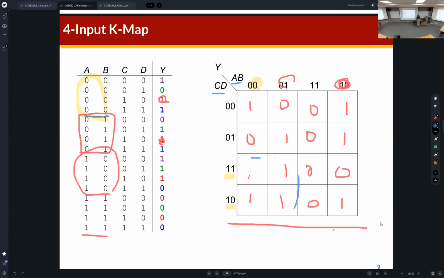Which means the largest circle is here. Sometimes we forget that this edge is connected to this edge, and then this edge is connected to this edge.